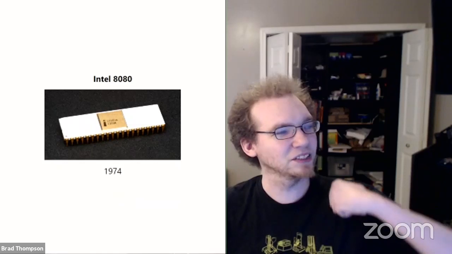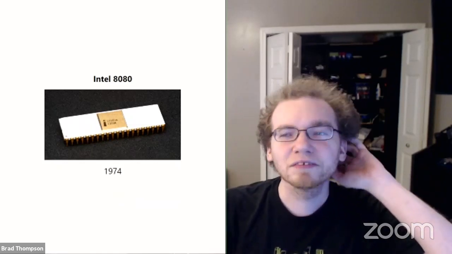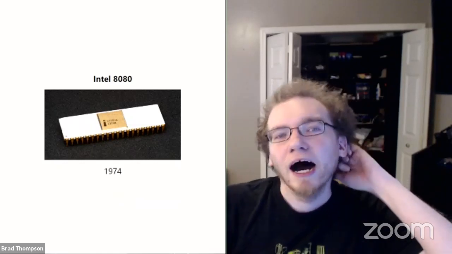But this was kind of a big deal. This, along with a couple of competitors from Texas Instruments and a few other companies that don't really exist anymore, really laid the foundation for the personal computing market, as well as a lot of commercial computing stuff.